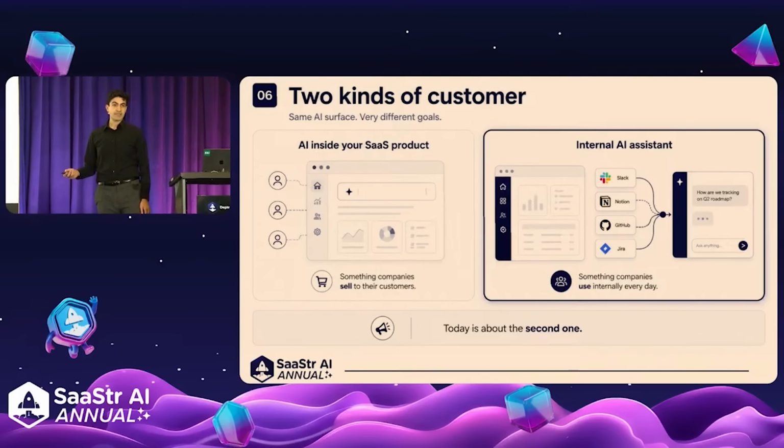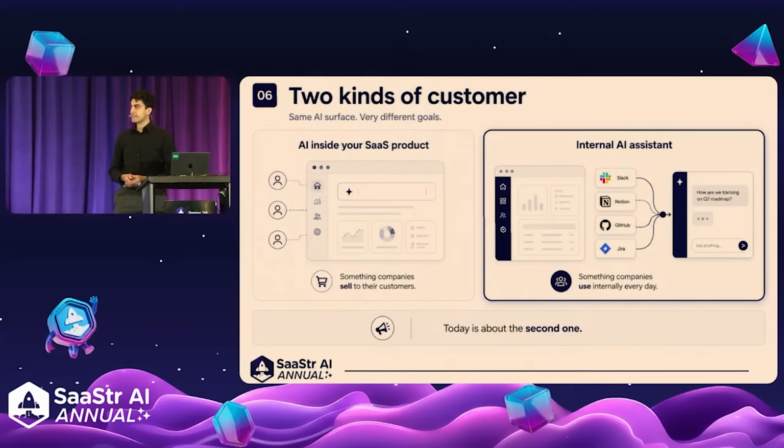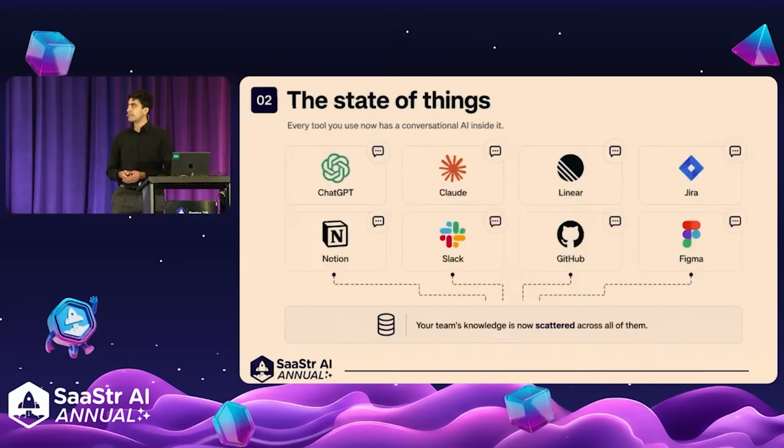This is AI that powers in-app AI assistants or AI vibe coding tools. And then we are also used for internal AI assistants. These are assistants that companies build for themselves, for their employees internally to use. And my talk today is about this category of AI assistants, the ones that are built for in-house agents.